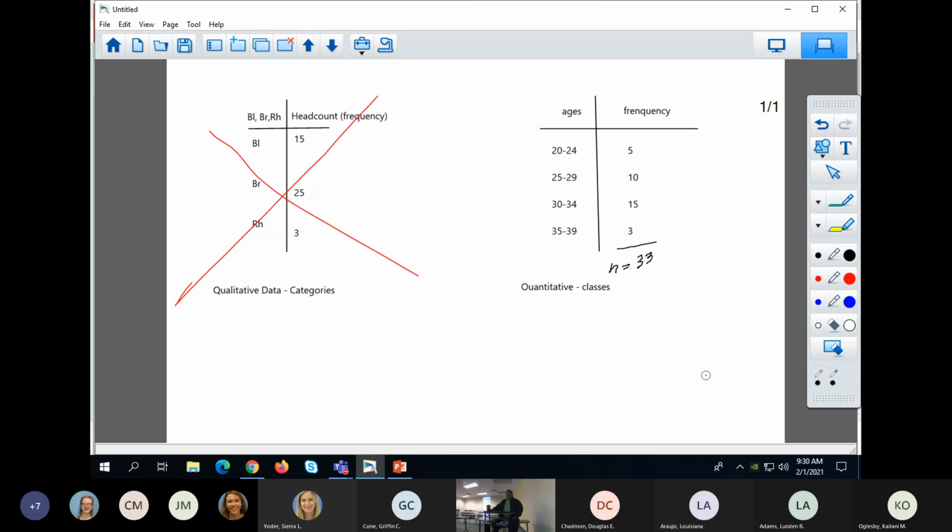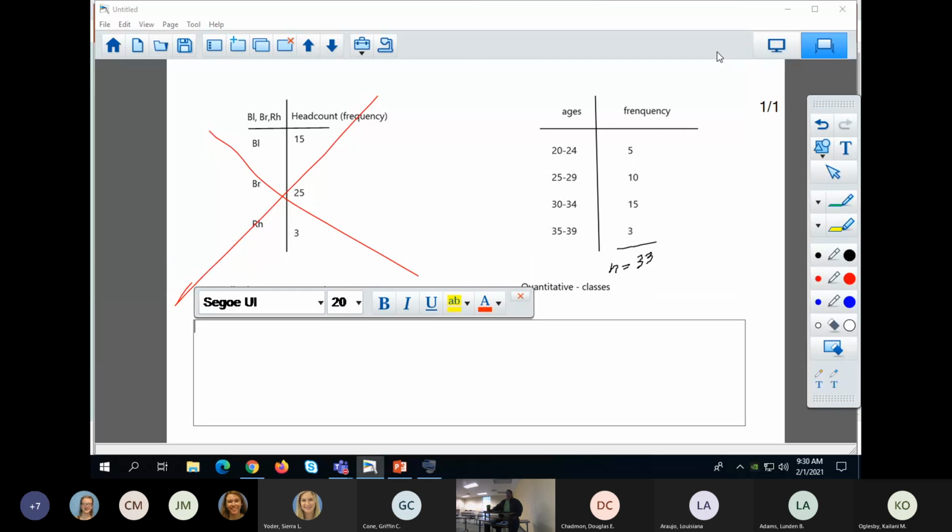Now, I'm going to try to write this. I want you to be able to find certain things on a frequency distribution.